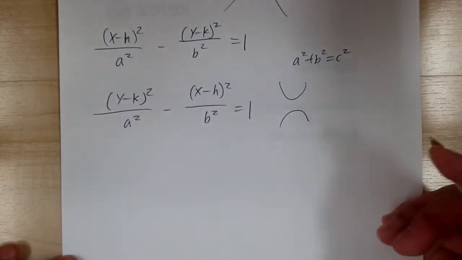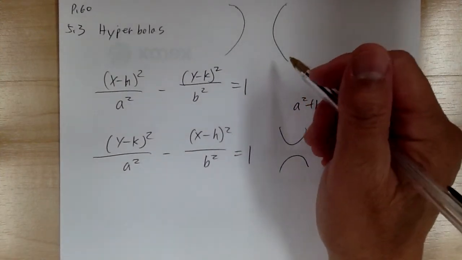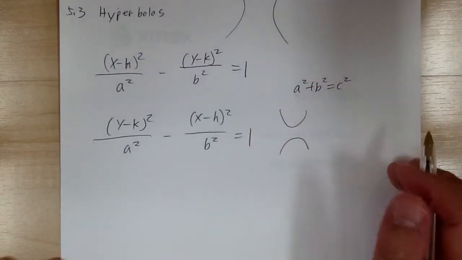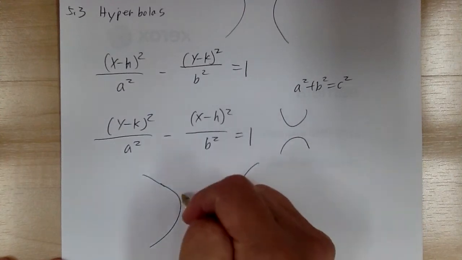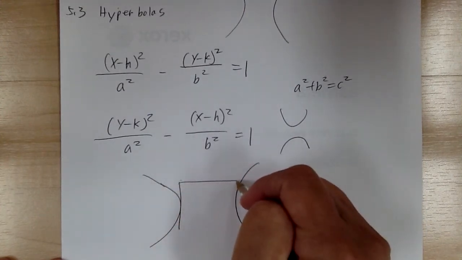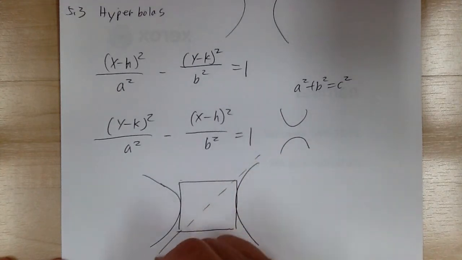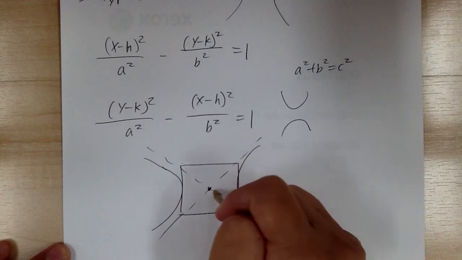When you're doing the graph, if you look on page 60, they give you a picture like this. Whenever you sketch, this point over here is your center.